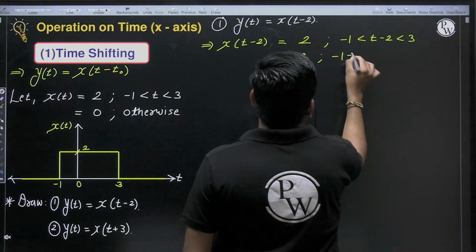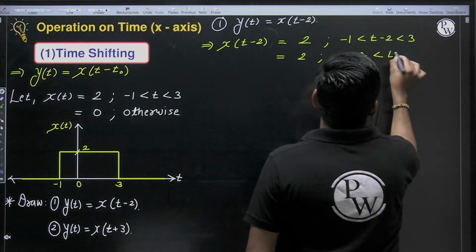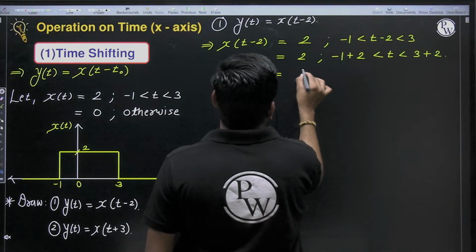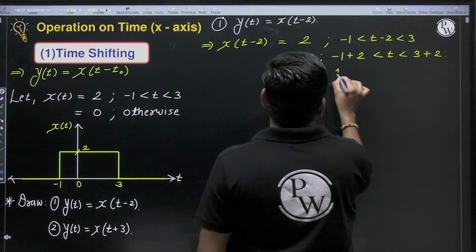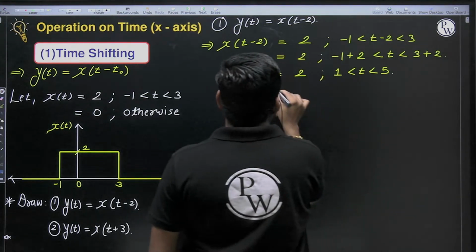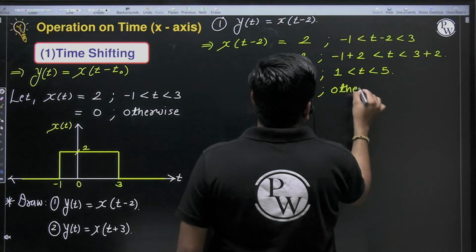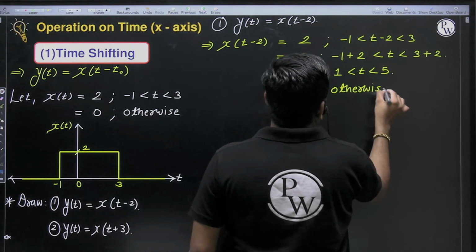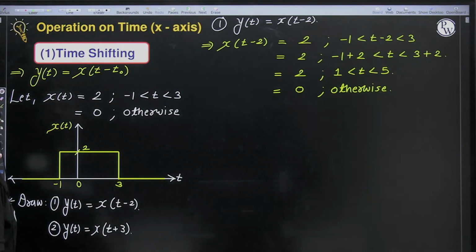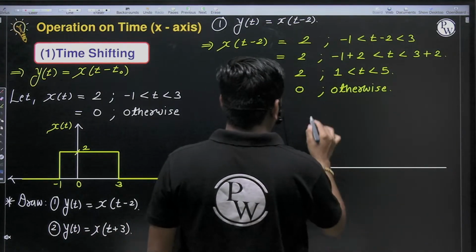So -1 plus 2 and 3 plus 2, which gives 1 less than t less than 5, and it is 0 otherwise. Clear? So draw this graphically and tell me whether this is a right shifted version or left shifted version.